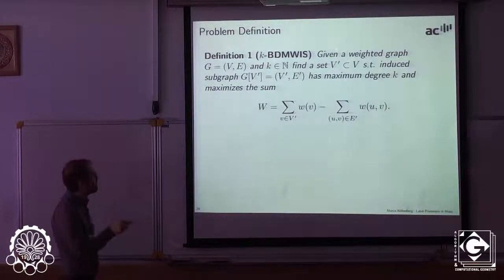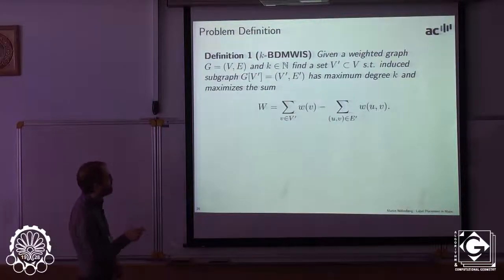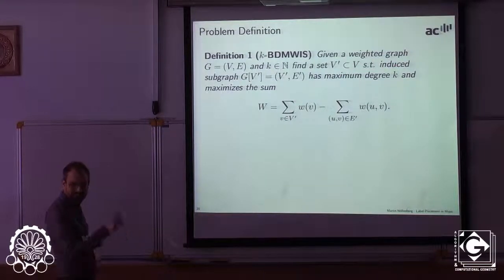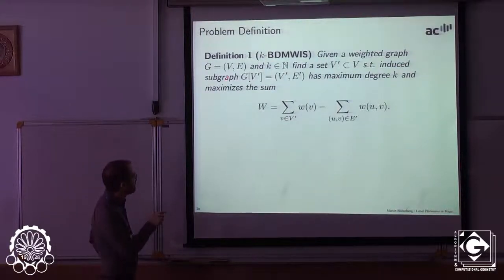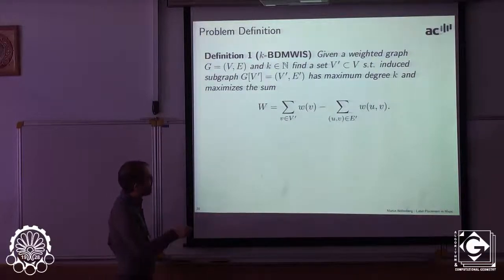And it means that if you're given a weighted graph G and some integer K, we want to find a subset of the vertices so that the induced subgraph on this subset of vertices satisfies the degree constraint, so has at most degree K. And we want to maximize a sum, so optimizing over all possible sets with that property, so that the sum of the vertex weights is large and the sum of the edge weights is kind of small.